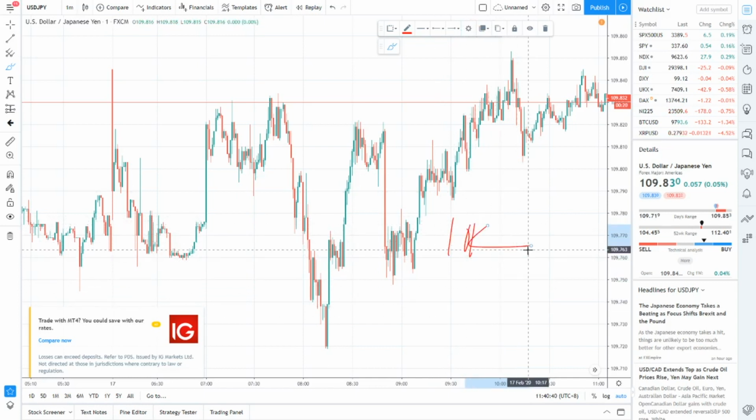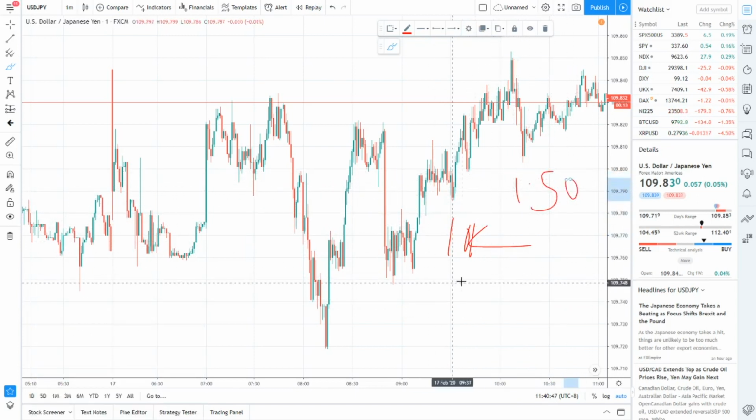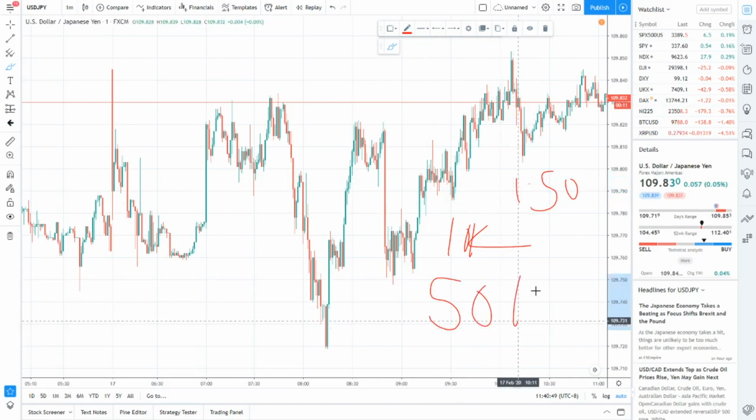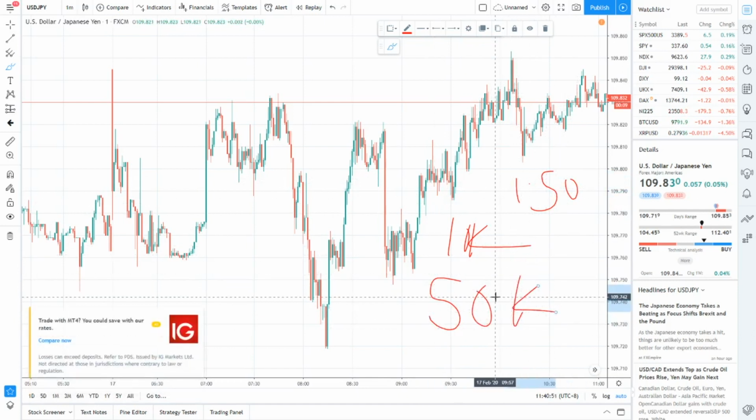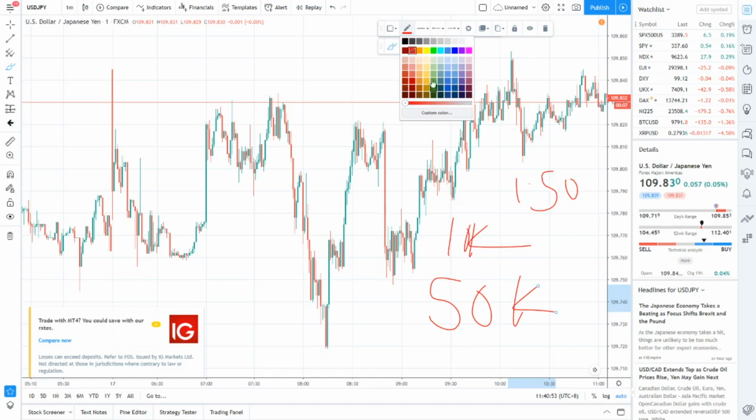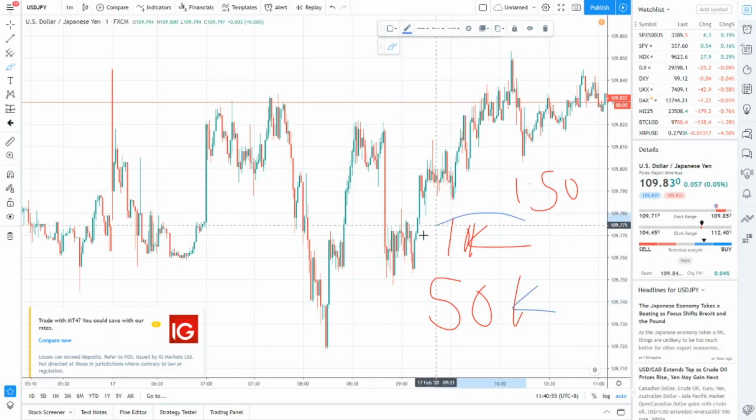When a broker gives you a leverage of 1 to 50, for example, you can trade up to 50k USD, even though you only deposited around 10k USD. This is what we call leverage.